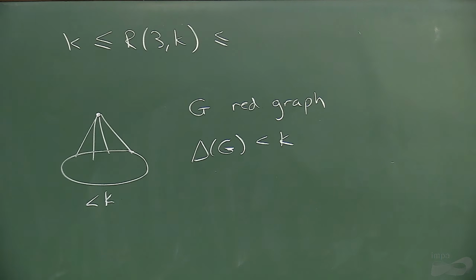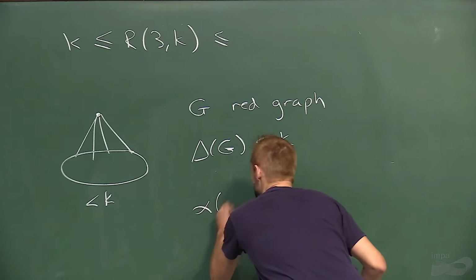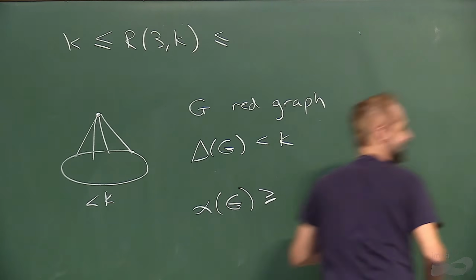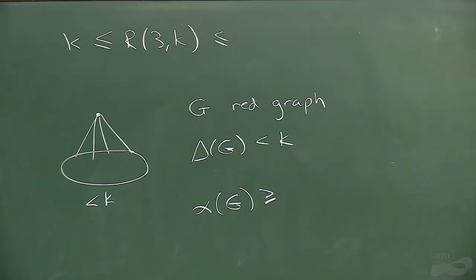What is a blue clique in G? It's an independent set. We want to find a large independent set. We would like a lower bound on the independence number. What lower bound do we know on the independence number? It's right here, still on the board.